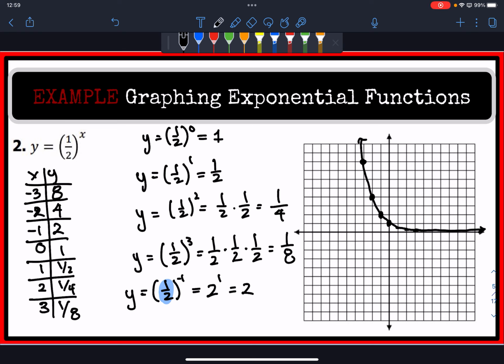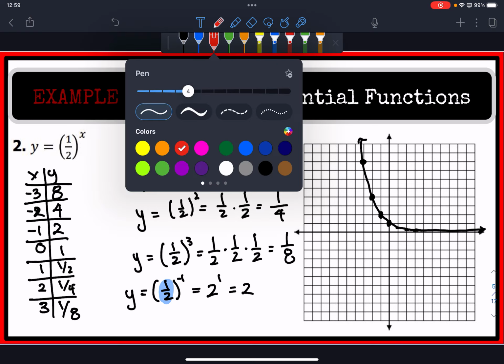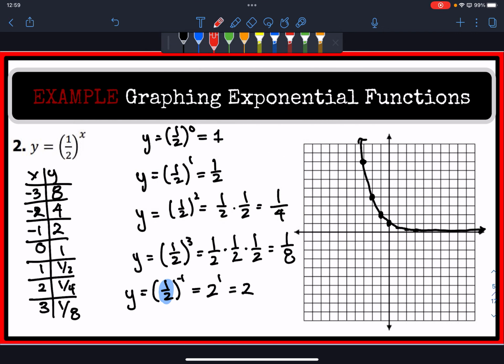And the same characteristics can apply. We first of all see that this graph is above the x-axis because the x-axis is a horizontal asymptote. You'll also notice that what they also have in common is that the y-intercept is still (0, 1).